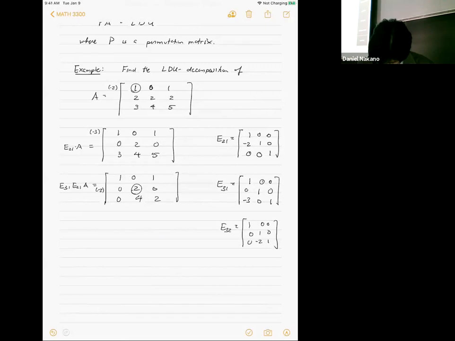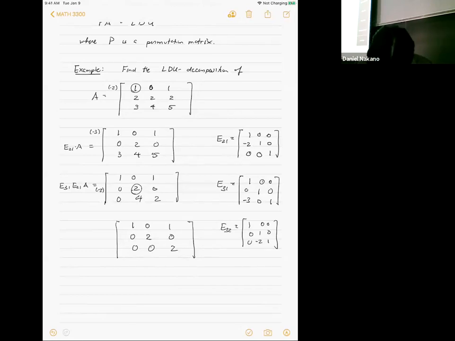Yeah, looks good. And so let me move this over slightly so that I have more room to write the matrices. 1, 0, 1, 0, 2, 0, 0, 0, and 2, right?